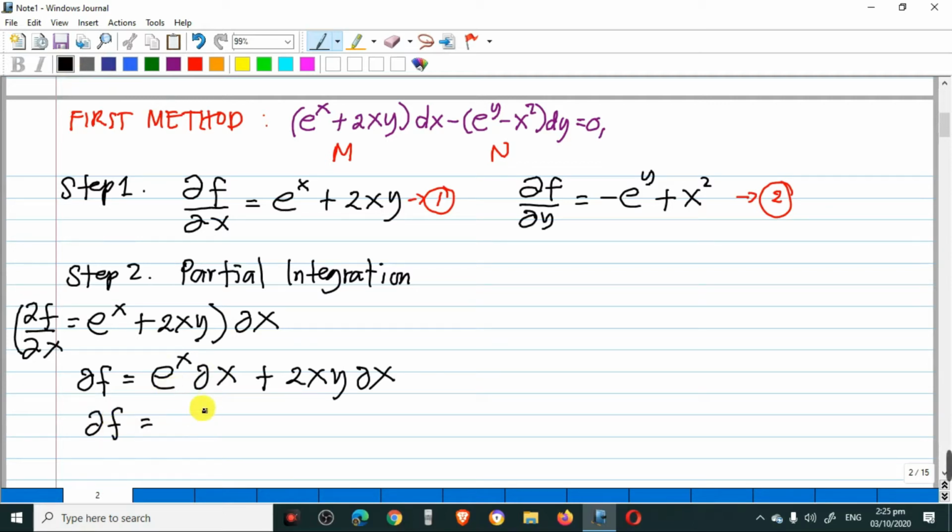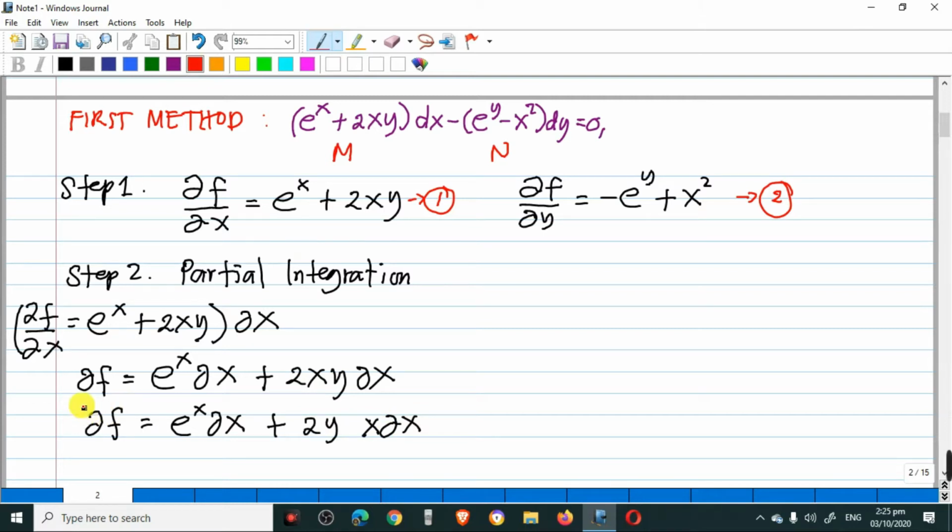On the first term, we have no constant to consider, so just copy our first term, partial derivative of x, plus. Since we are integrating partially in terms of x, y will be considered as a constant. So factor out the 2 and y, and multiply this by x and the partial derivative of x.